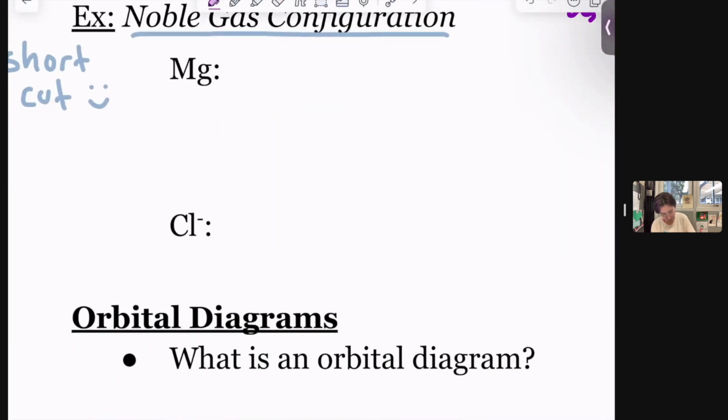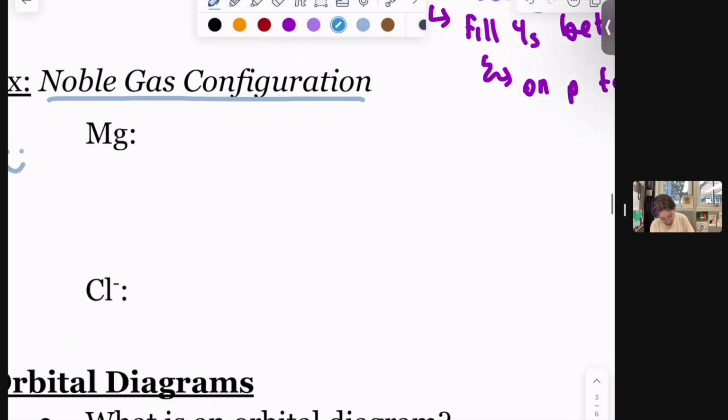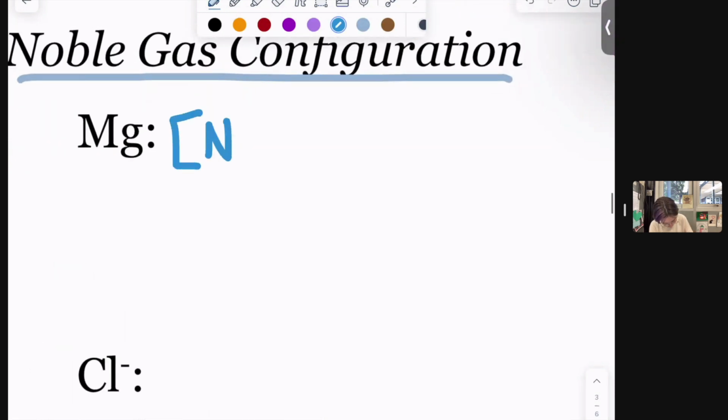Here, why not? I'll just summarize it. So our NE, you can just speed through this if you don't need it.